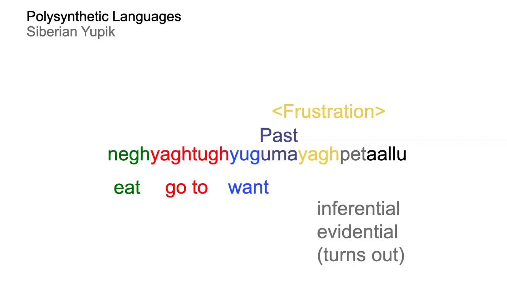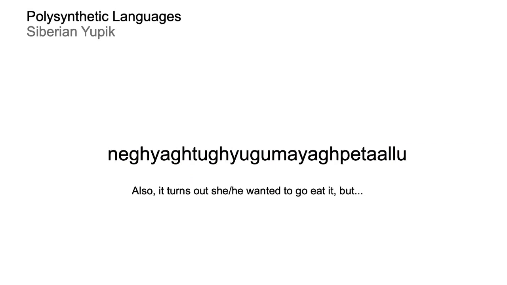Pet is an inferential evidential, a way of saying it turns out that. This is the third person, and then you have alu, which means also. So it translates to: also, it turns out that he or she wanted to go eat it, but something. Yeah, the frustration part is in there.